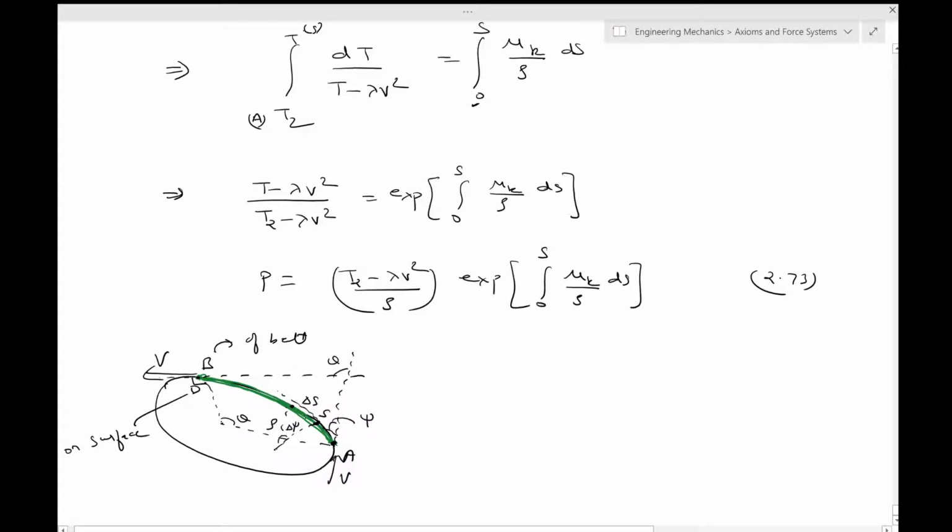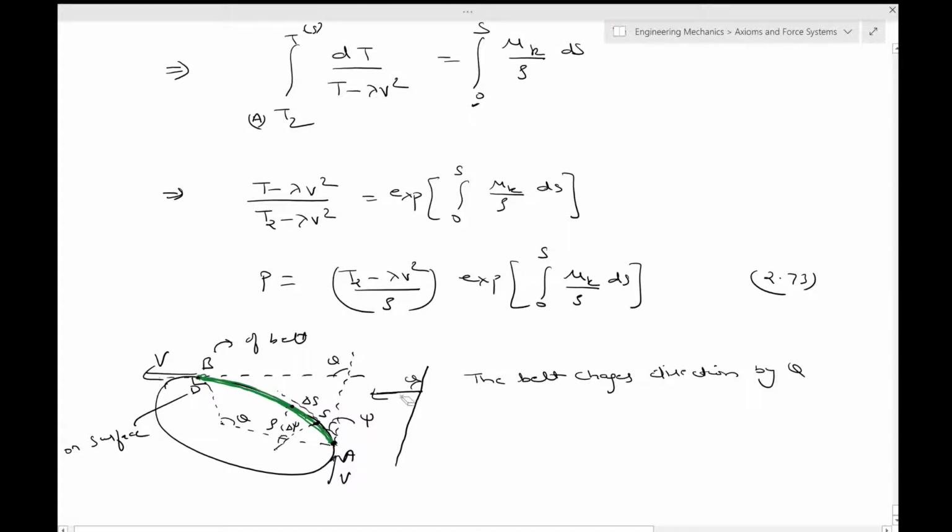Now if you see this plane curve, the green color curve C, the contact is over an arc AB. So the belt changes direction by theta. Right now it was going like this and finally it has gone like this. So this angle is theta.